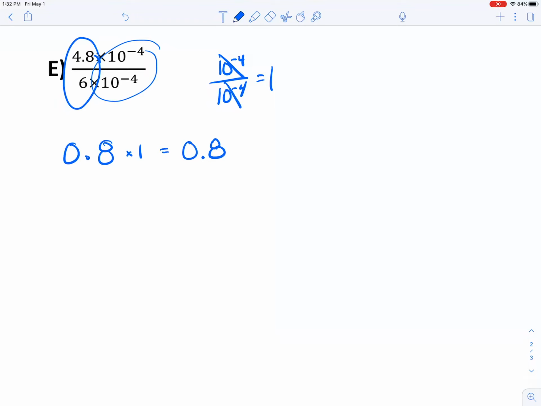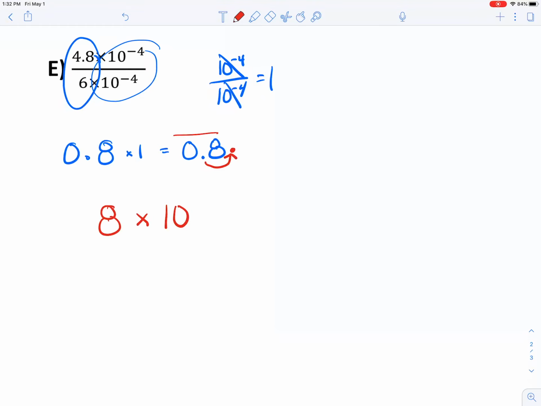Now, in all honesty, I would be fine if you keep this as your answer. However, our directions actually do say to write in scientific notation. Currently, this is not scientific notation. So scientific notation, just a reminder, is when I have one number to the left of the decimal point. So my decimal point has to be here.